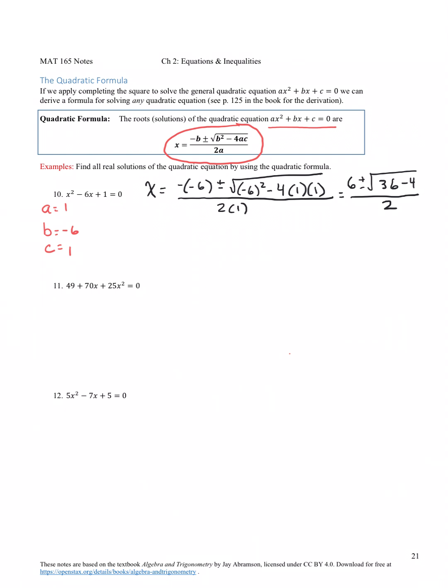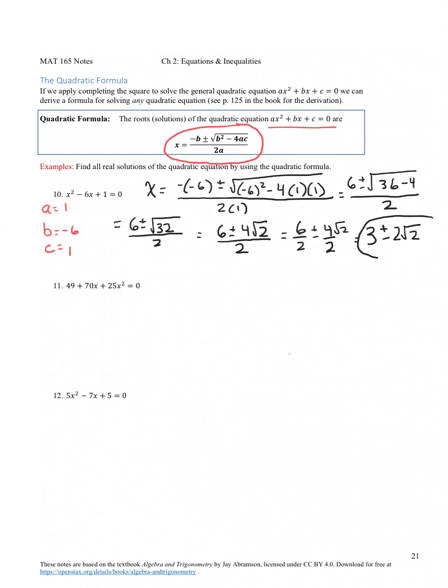We can simplify that a little bit more, and we'll go ahead and simplify our radical. At this point, we're mostly simplifying. So we have two answers for x. We have 3 plus 2 root 2 and 3 minus 2 root 2 using the quadratic formula.